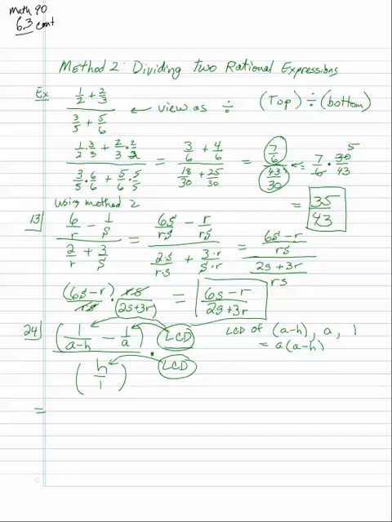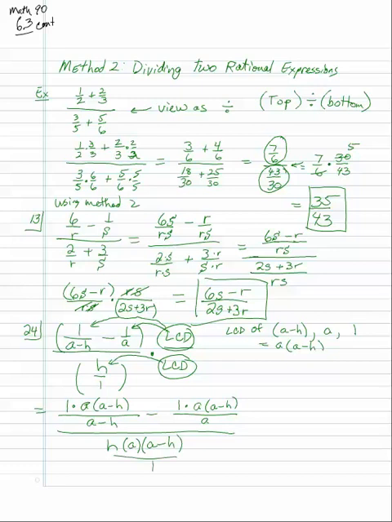So it's going to be 1 times a minus h over a minus h, minus 1 times a minus h over a, over h times a minus h over 1. And I don't need to write that over 1.